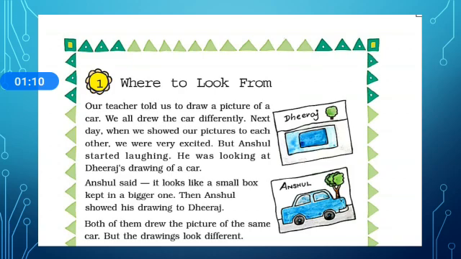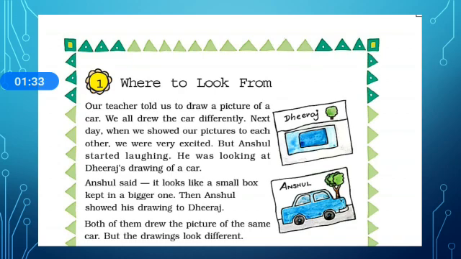Anshul said, "It looks like a small box kept in a bigger one." Then Anshul showed his drawing to Dheeraj. Children, you can see both the boys' pictures on the side. The top one is Dheeraj's drawing and the bottom one is Anshul's drawing.